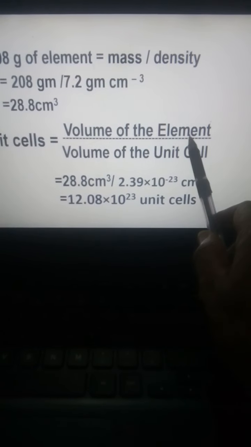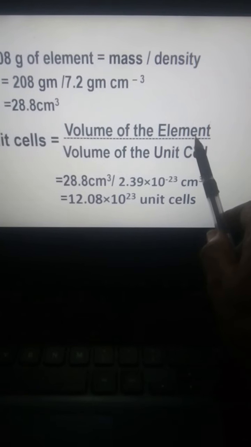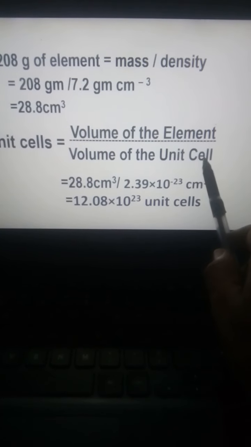Therefore the number of unit cells is the total volume of 208 gram element divided by volume of the unit cell. If you put the values already calculated, that will come out exactly 12.08 into 10 to the power 23 unit cells.